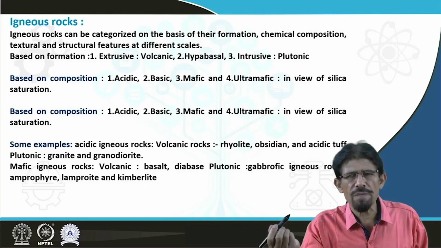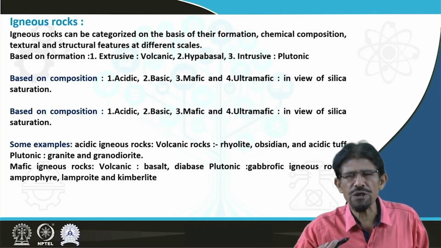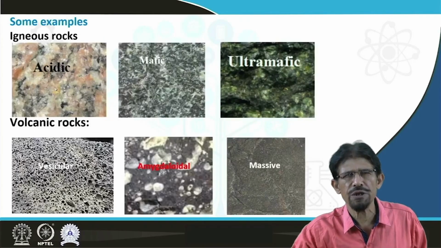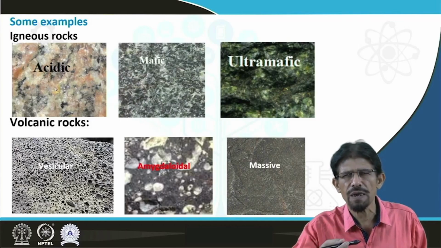On the basis of composition and location of these igneous rocks, we can see varieties of rocks belonging to different igneous groups. Here we can see a view of acidic rock, mafic rock, ultramafic rock, and some volcanic rocks like basalt, some amygdaloidal basalt and some massive basalts. Besides this we have rhyolite and other rocks.